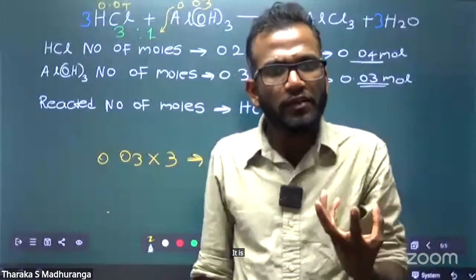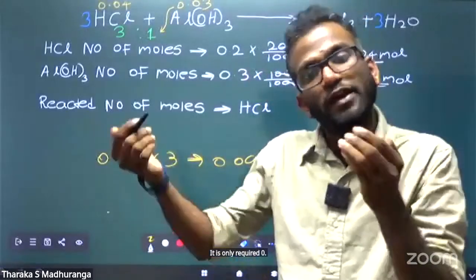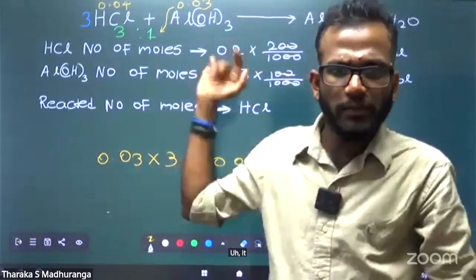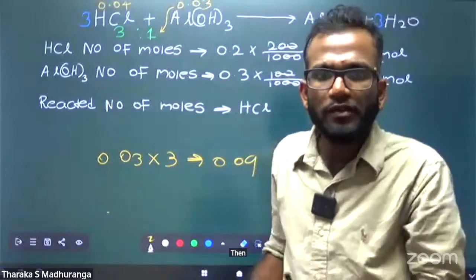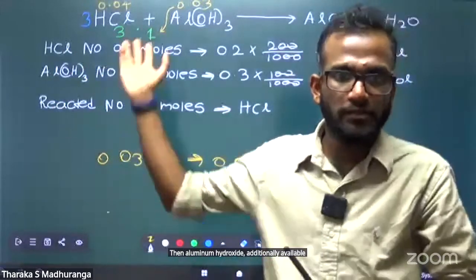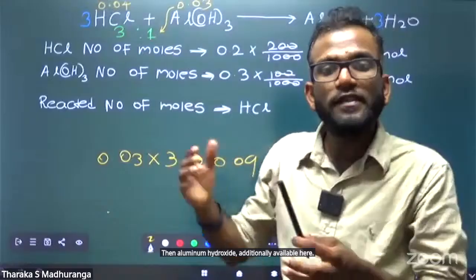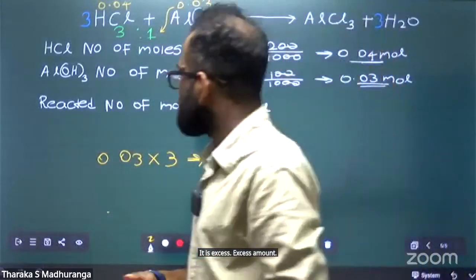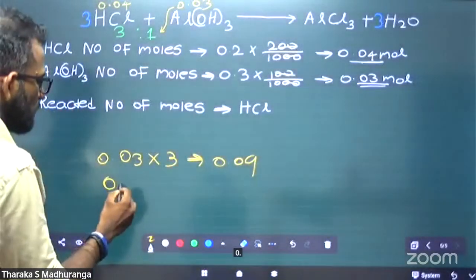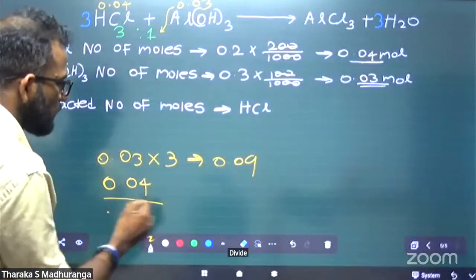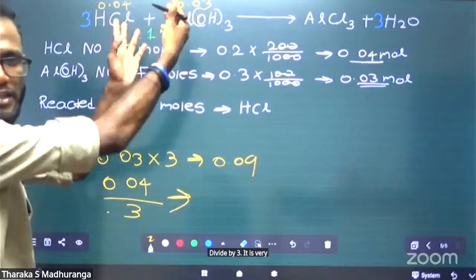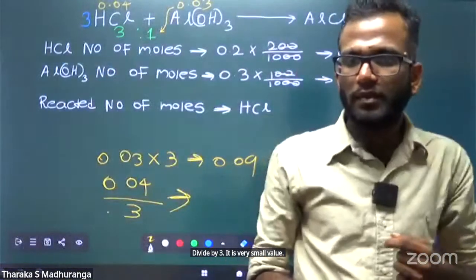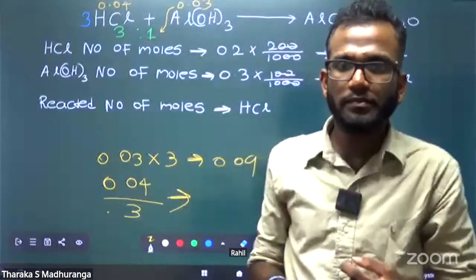Only 0.04 divided by 3 is required. It is available. Then aluminium hydroxide is additionally available here, it is in excess. 0.04 divided by 3 is a very small value. It is available.